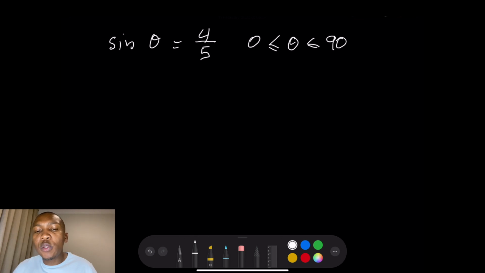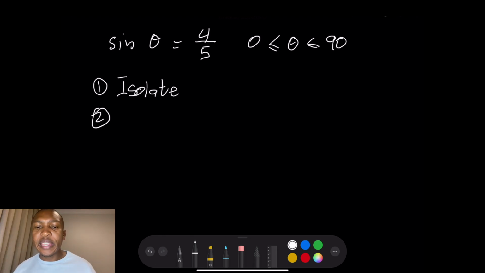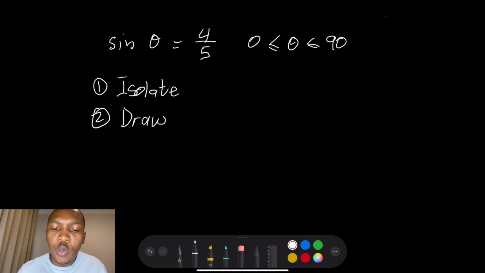Now, the first thing that you're going to do, always try to isolate your trig ratio. In this case, it's already isolated. And secondly, draw a triangle. Now, how do you draw this triangle?